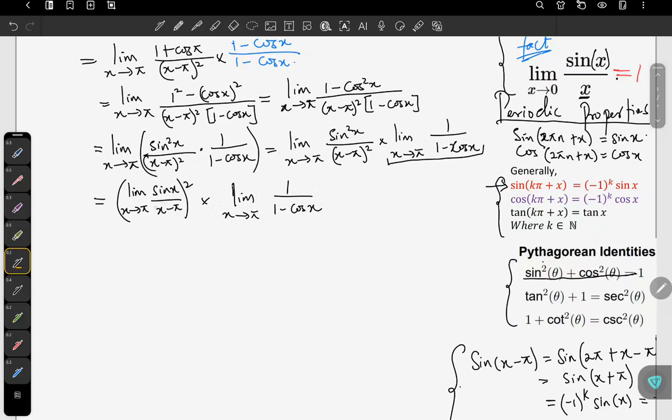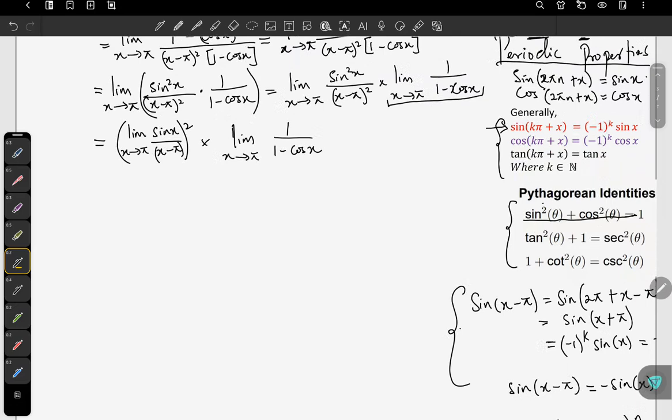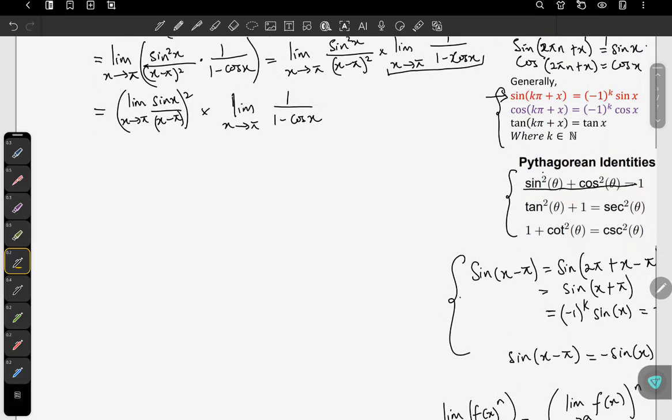Now, this does not look exactly like the fact. In our fact, x approaches 0, and we have the same thing in the sine and the denominator. So the manipulation is to make this look exactly like our fact. Using what we proved at the beginning, negative of sine x is equal to sine x minus pi.